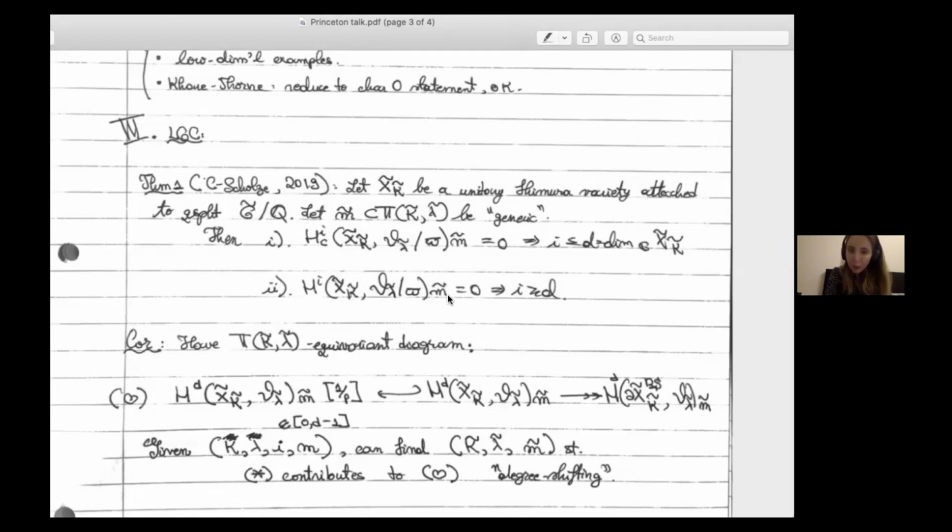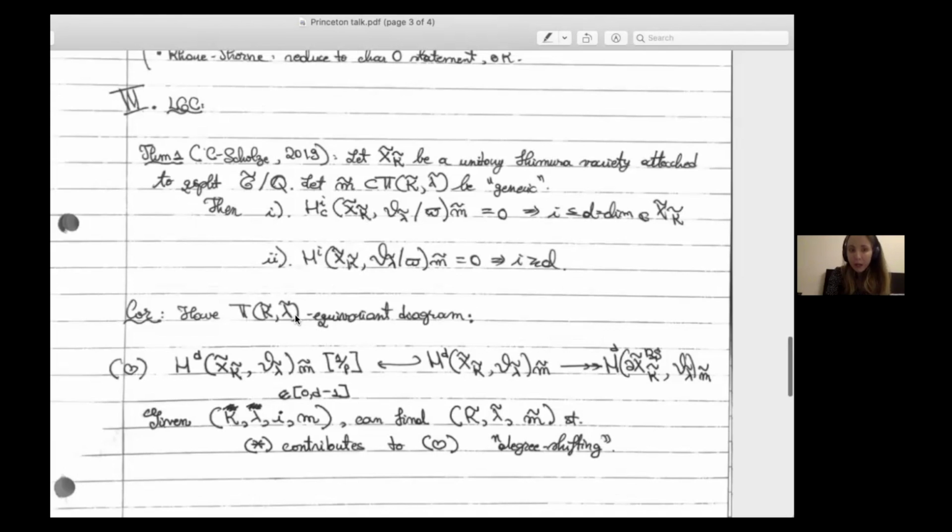And after localization at such an m tilde, usual cohomology is just in the middle degree and above. So there is this kind of splitting up of the two kinds of cohomology. And this is something that holds mod p, and it's an exercise to show that from this theorem, you get this corollary. So there's a Hecke-equivariant diagram. Sorry? Should those equations say H^i is not equal to 0?